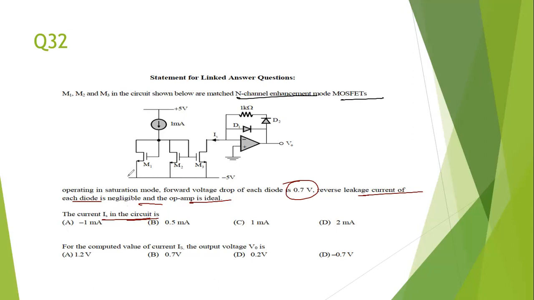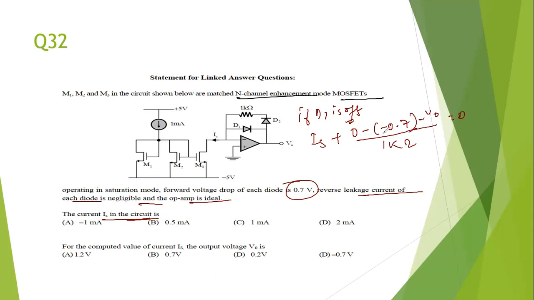If diode D1 is off, then it is an open circuit, and the current is IS plus 0 minus 0.7 divided by 1 kilo ohm minus V naught equal to 0.